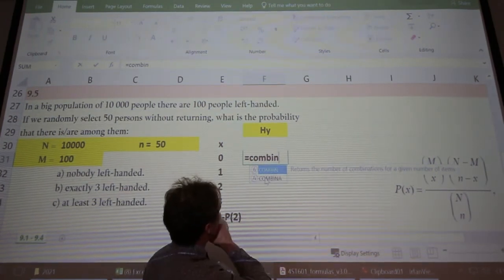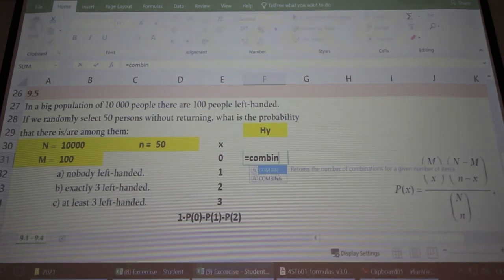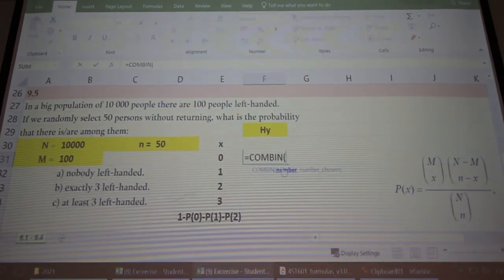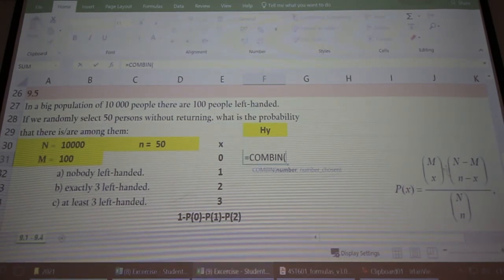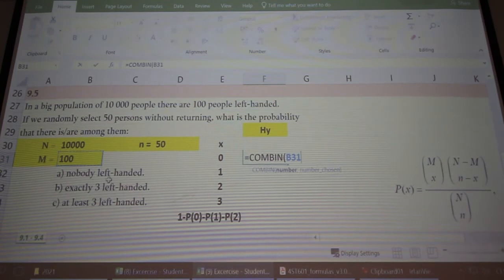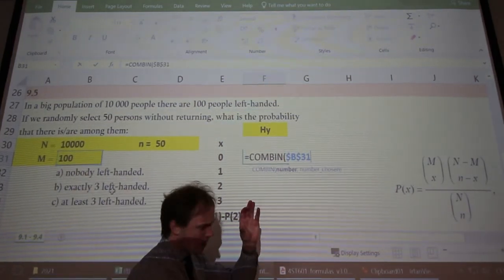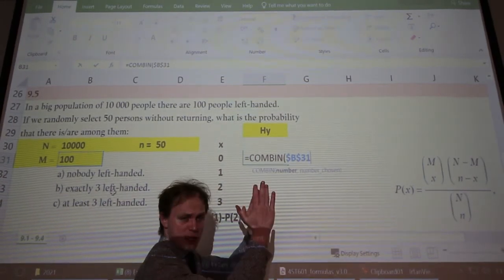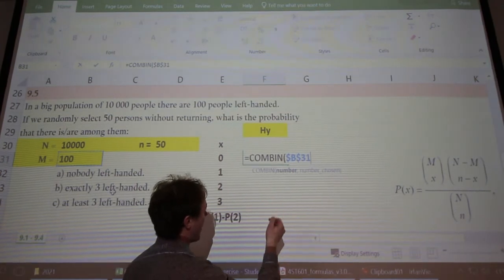So equal sign, COMBIN, open the parentheses, or you can double click on this function, and there we have number and number chosen. The number is capital M, and we must use the dollar function, F4, because capital M is a parameter, so it must be fixed.